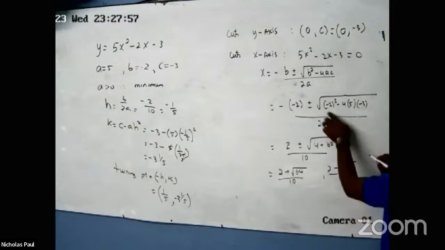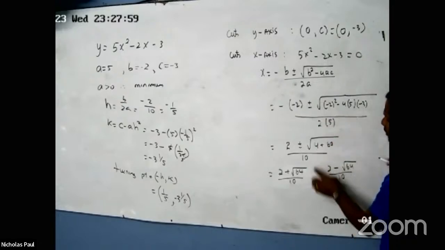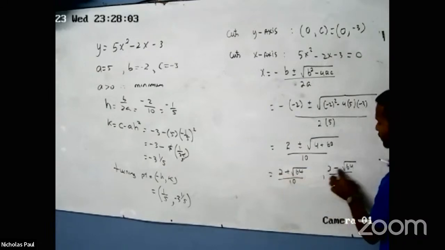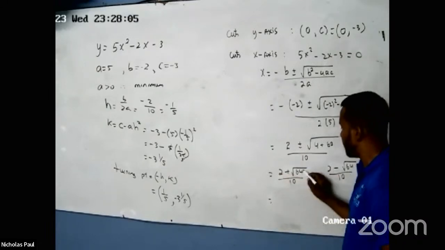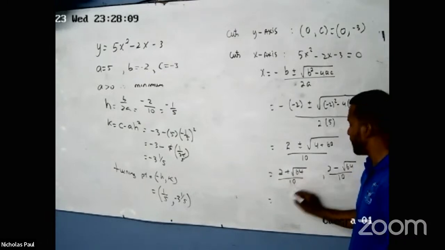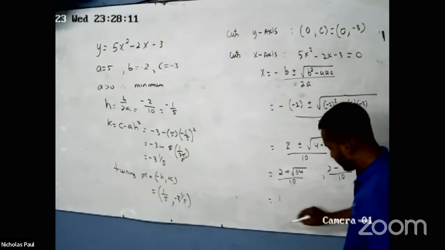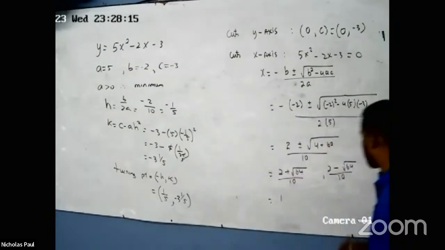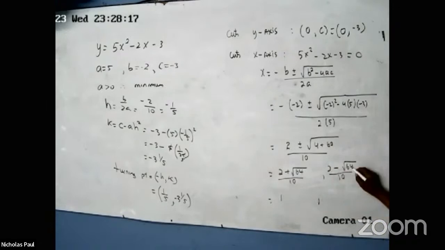We're doing it twice: 2 plus this and 2 minus this. The square root of 64 is 8. 8 plus 2 is 10, 10 divided by 10 is 1. And here's 2 minus 8, that's -6, so that's -6 on 10.